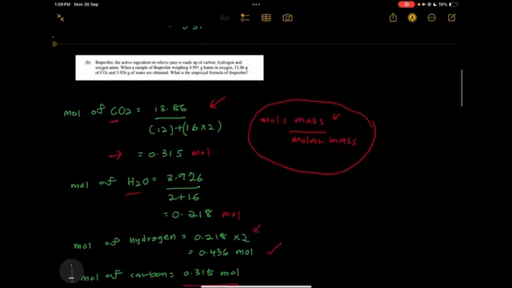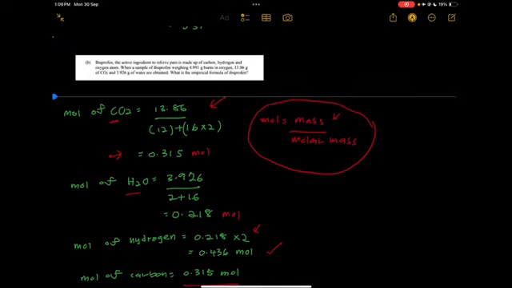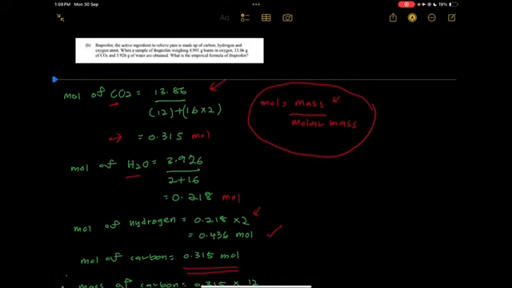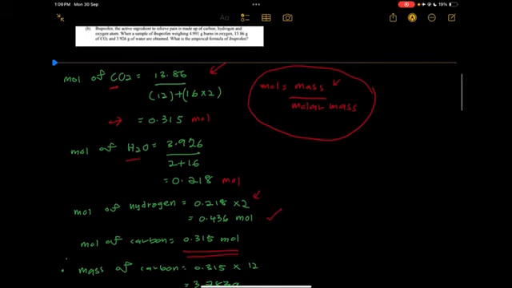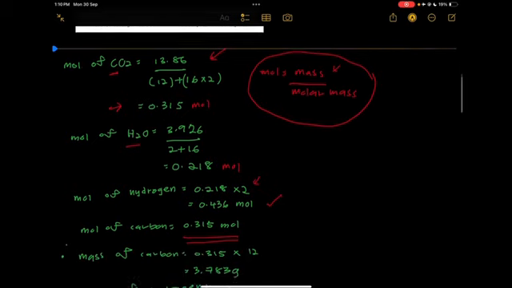So question B: what is the empirical formula of ibuprofen? Based on the question, it gives a lot of information. First and foremost, we must find the mole of CO2. If you want to find the mole, we must use the formula mass divided by molar mass.